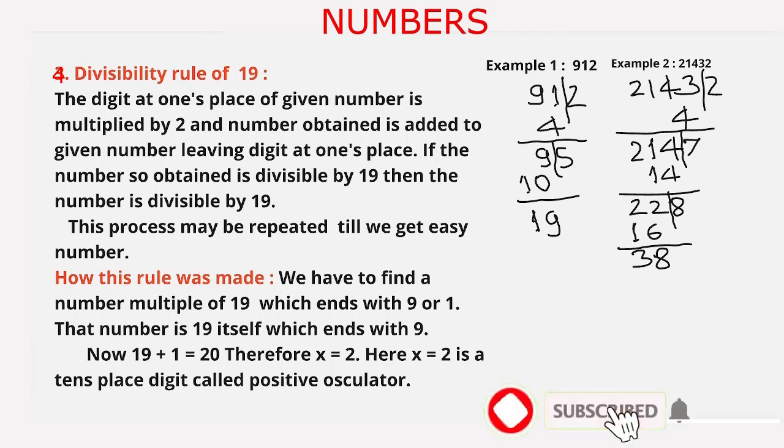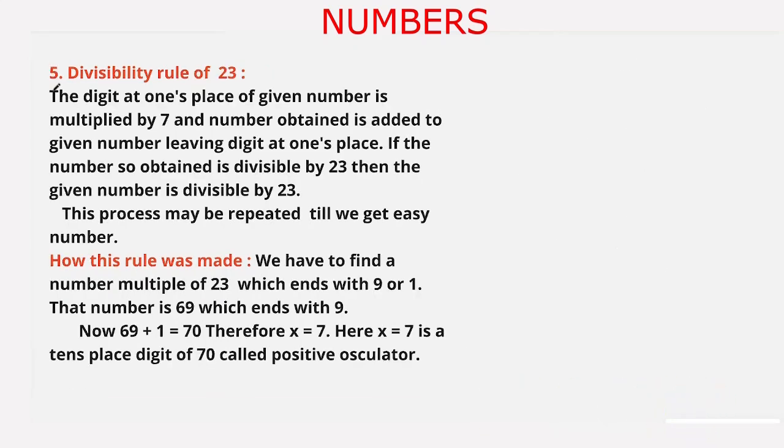Now we will go to the divisibility rule of the next prime number, which is 23. Point 5, divisibility rule of 23. The digit at ones place of the given number is multiplied by 7, and the number obtained is added to the given number, leaving the digit at ones place.